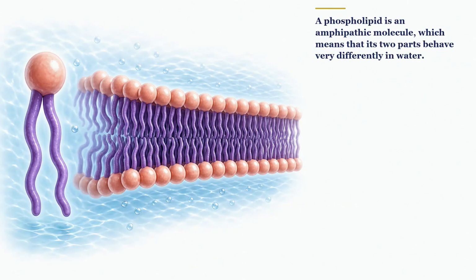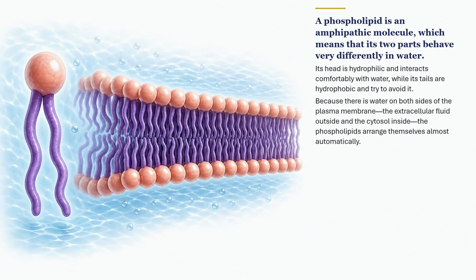A phospholipid is an amphipathic molecule, which means that its two parts behave very differently in water. Its head is hydrophilic and interacts comfortably with water, while its tails are hydrophobic and try to avoid it. Because there is water on both sides of the plasma membrane, the extracellular fluid outside and the cytosol inside, the phospholipids arrange themselves almost automatically.